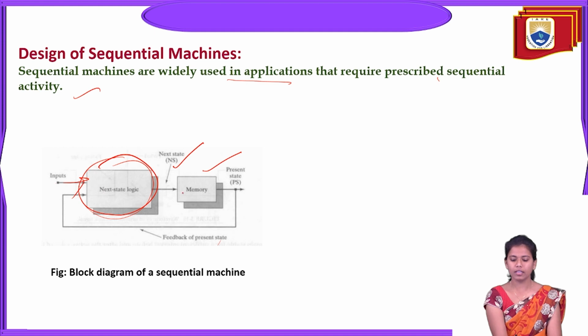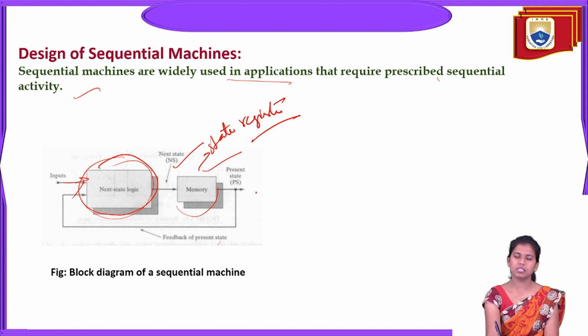The memory consists of both the present state and the next state. This is the state register. The state register consists of both the present state values and the next state values. The next state values are formed only based on the present state inputs and present state values.